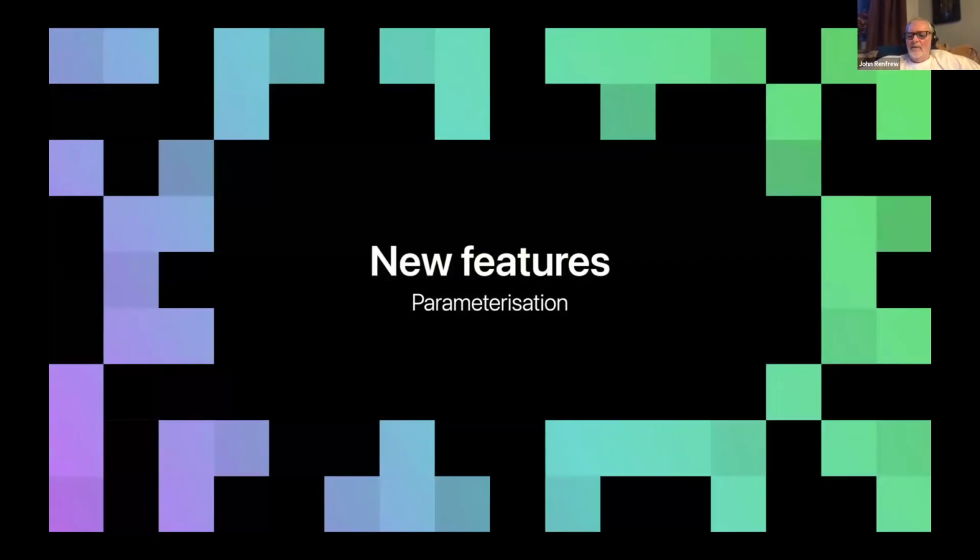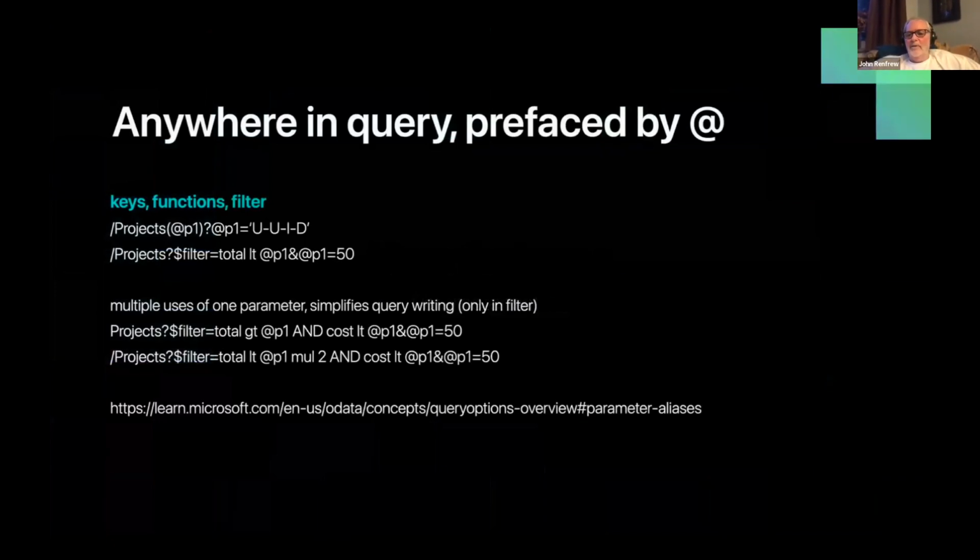The second new feature is the introduction of parameters into your queries. So think Execute SQL where you put a question mark, and at the end of the whole thing you have a series of parameters. That's now included in OData. So anywhere in the query, anything that you preface with an @ symbol.